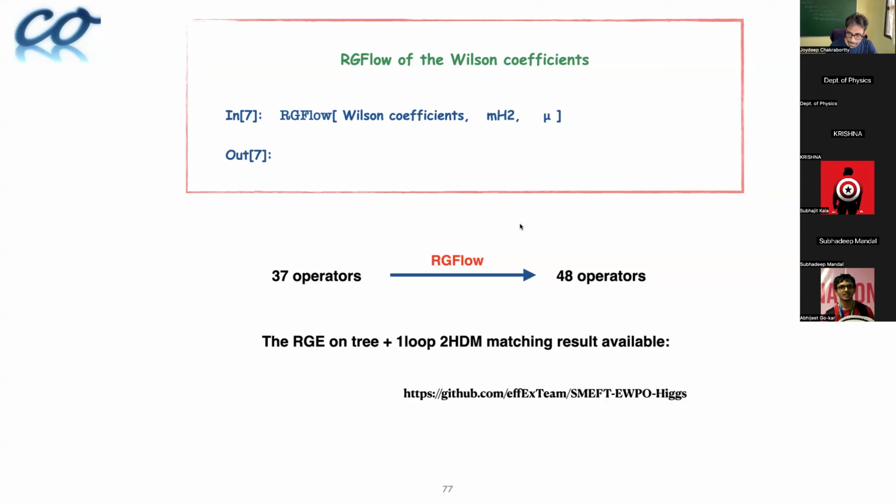I'm just trying to understand, if we're doing the top-down approach, and at that cutoff scale I have these 37 operators, and then I'm studying how these Wilson coefficients come out at the electric scale or some low scale, this 48 operator set that I'm getting is coming from these 37 subsets. Exactly.